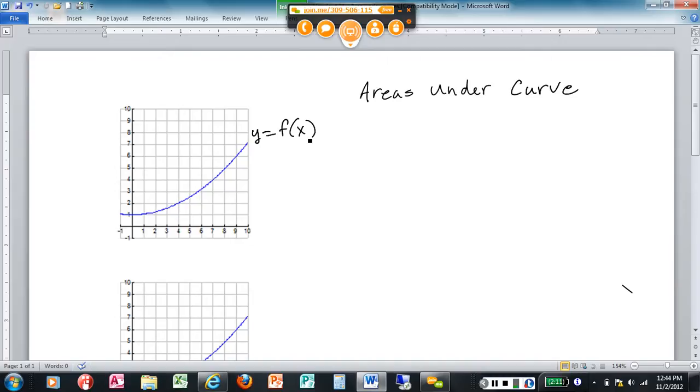And we are going to try to find the area under the curve, and it's going to be between certain values. And to start off with anyway, we're going to try to find the area under the curve for this one from x equals 0 to 9.